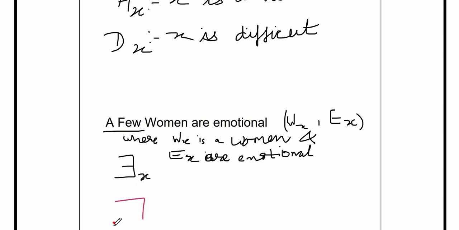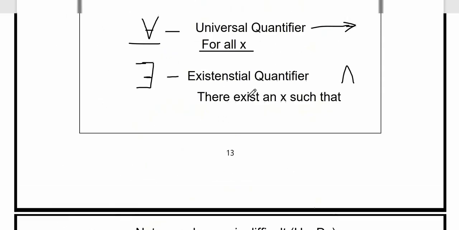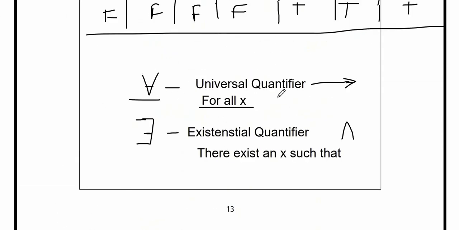So we write Wx and Ex, and we have to use the AND symbol, as I stated earlier, that if it is a universal quantifier then we have to use the implies symbol, and if it's an existential quantifier we have to use the conjunction or the AND symbol.